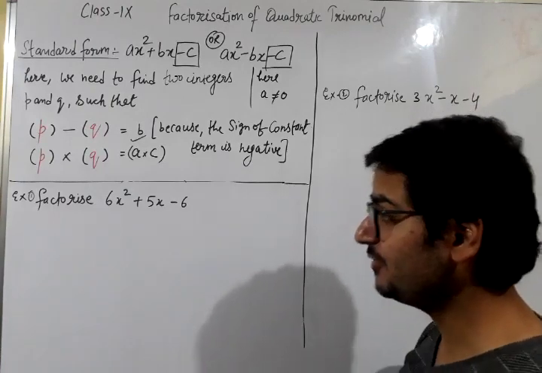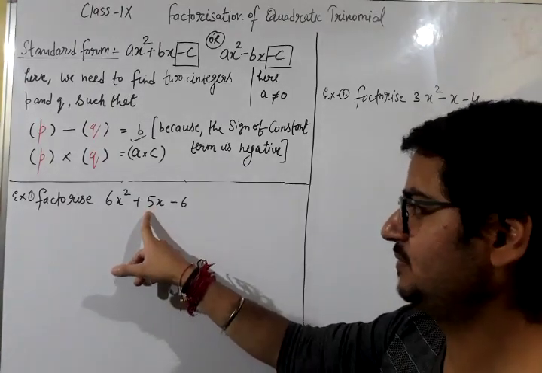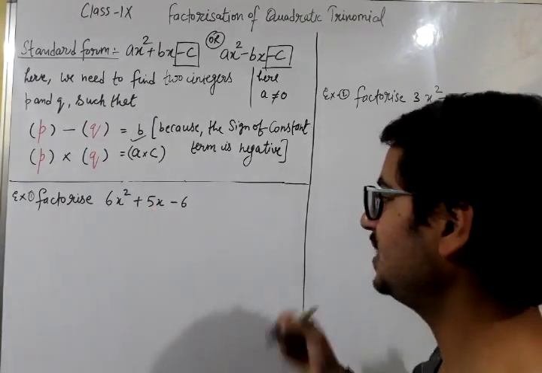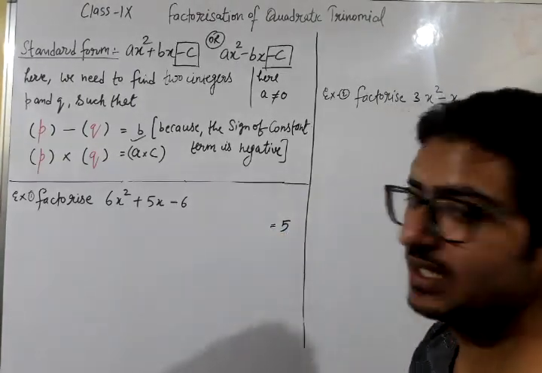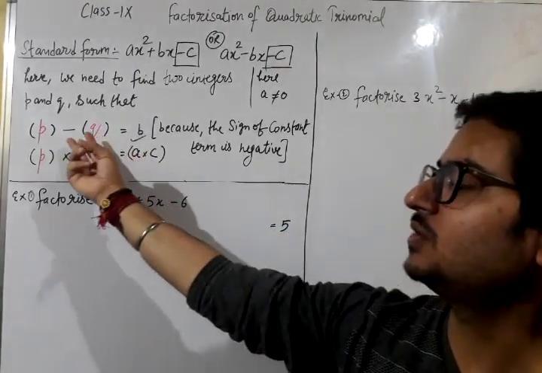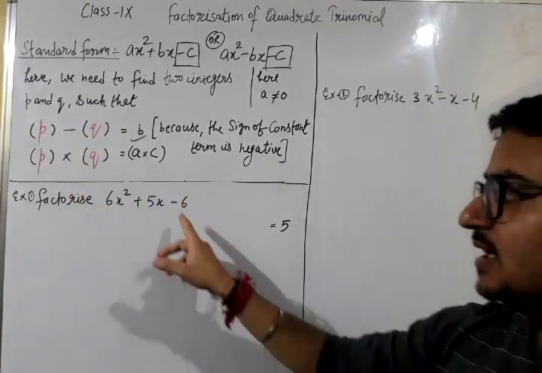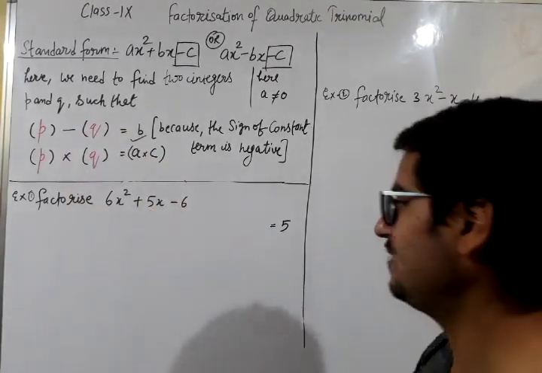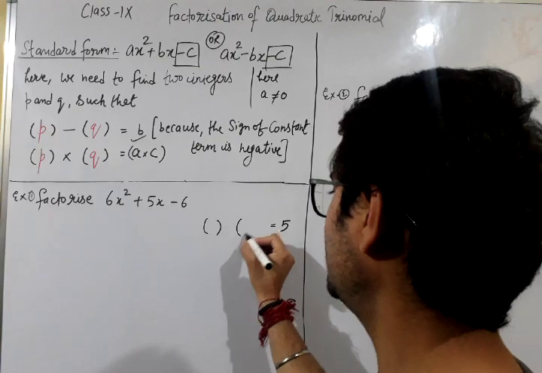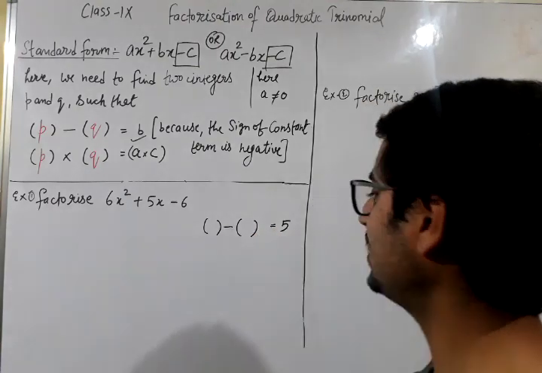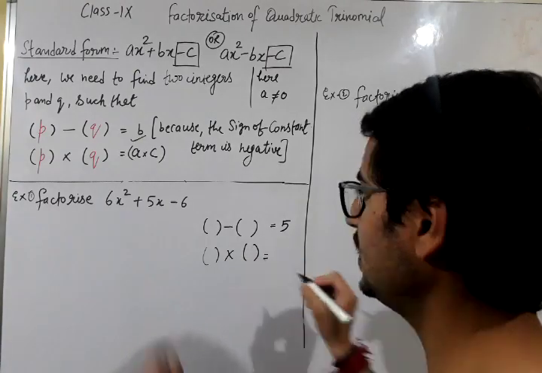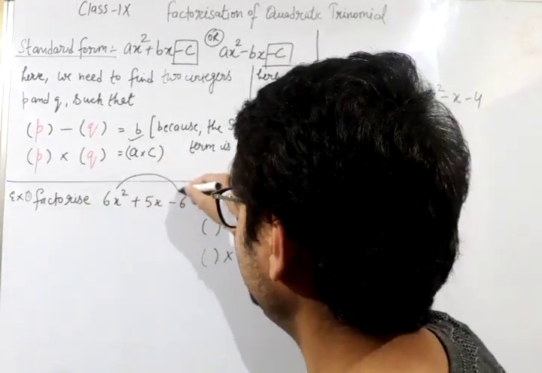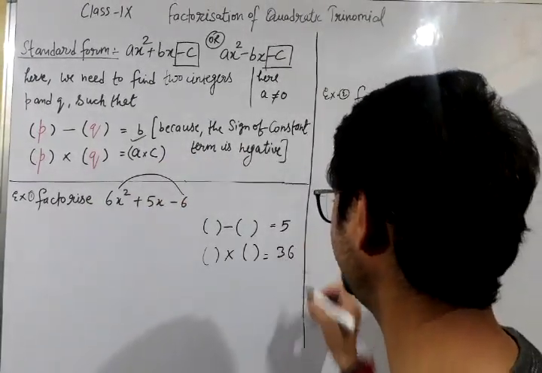We need to split the middle term, and here in the middle we have 5. We need to find two numbers p and q such that their difference should be equal to 5 and their multiplication should be equal to a multiplied by c, 36.